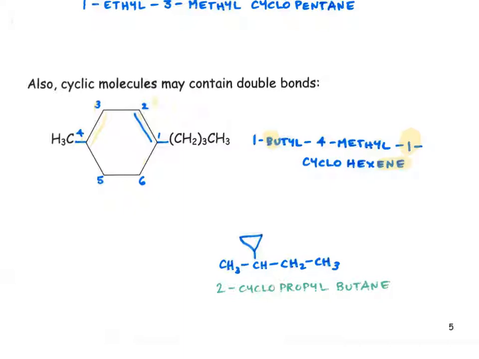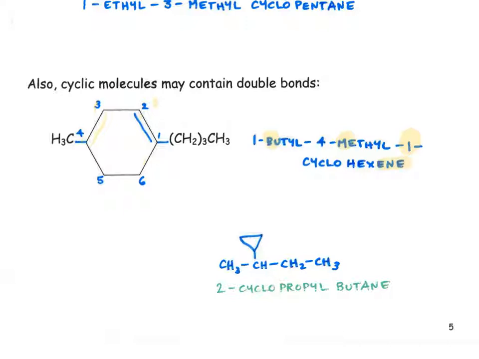So we're putting the butyl out in front, not because it's at the number 1 position, but because B comes before M in the alphabet. We therefore end up with a 1-butyl, 4-methyl, 1-cyclohexene. Of course, you could nest that one as before, and you could have a cyclohex-1-ene.